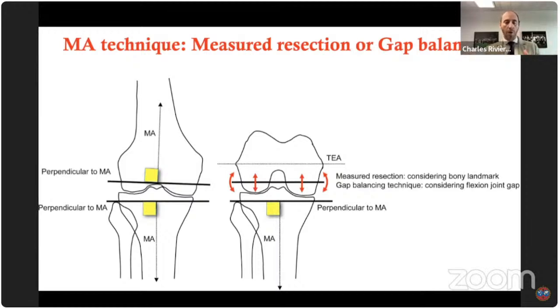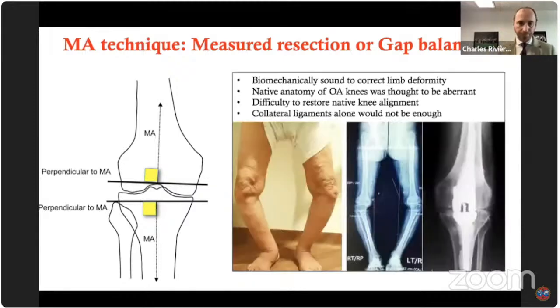We do the cut perpendicular to the mechanical axis of the long bone, the femur and the tibia. And for the femoral rotation in the axial plane, there are two techniques. The medial resection, where we do 3-degree external rotation relative to the posterior condylar line, or we do a gap balancing technique, where we tension the ligaments, and this will define the rotation of the femur.